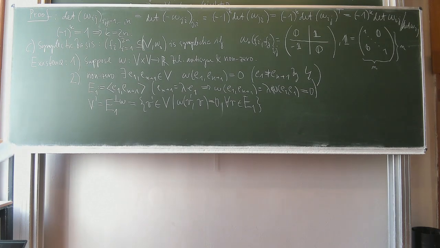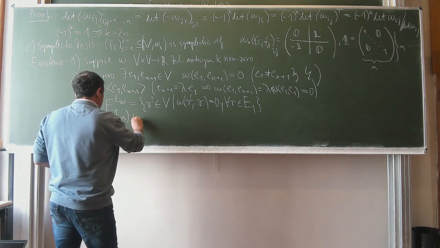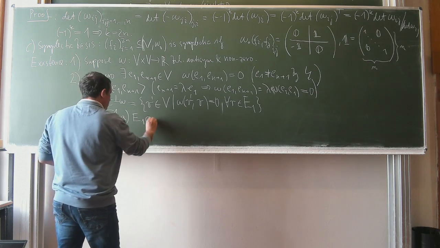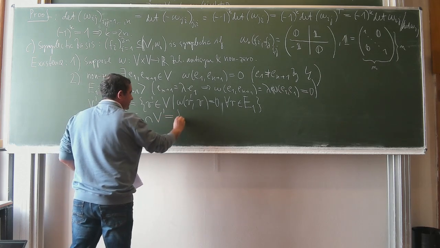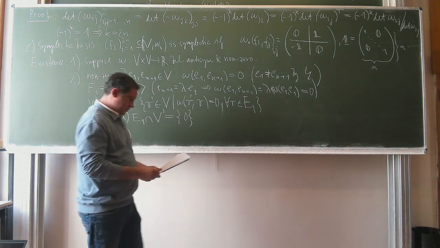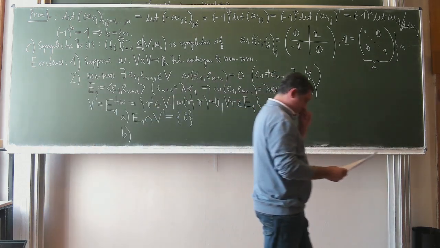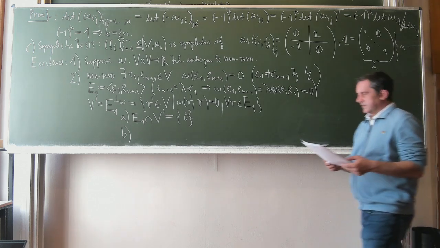What should be evident, and you may check it, is that the intersection of the subspace and the complement is 0. This is easy to compute by contradiction. Suppose that there is an element V prime in both.